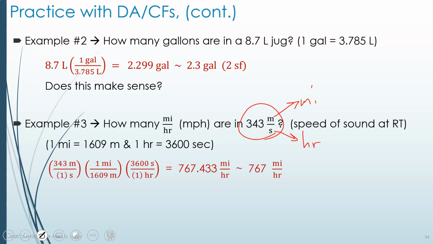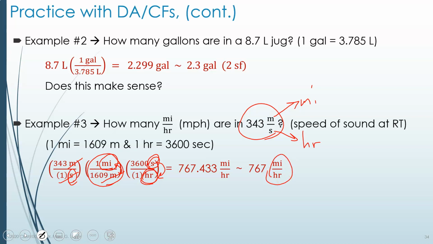Okay, and now I'm going to show you how this is done. In fact, there are 2 conversion factors, one that will convert your meters to miles, and one that will convert your seconds to hours. Now, you'll notice, since seconds were on the bottom here, our conversion factor has to have seconds on the top to match it, and hours on the bottom. So if we have this, the seconds will cancel the seconds, the meters will cancel the meters, and all we'll be left with is miles on the top and hours on the bottom, and you can see that's what we get.